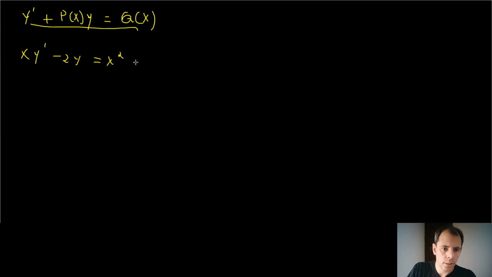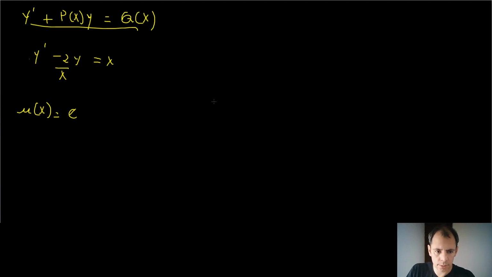I'm going to get this 2 out of here, and get this x out of here. And in here, I'm going to say minus 2 divided by x. All right, so now it's in the format. So u of x is going to be e to the integral of minus 2 times 1 over x. You know what?